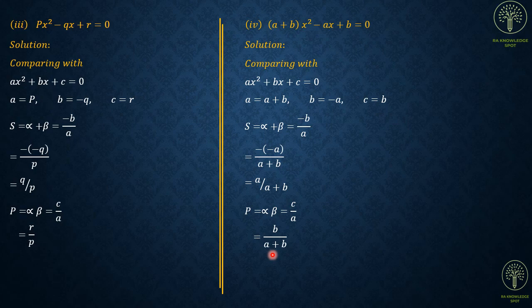First you have to go through and do the proof by yourself. You should practice it once, because it may be possible you will get a question of proof, where the question asks you: show that the sum of the roots is equal to minus b by a and the product of the roots is equal to c by a. Fine. So I hope you got these questions, and you have to practice a lot.